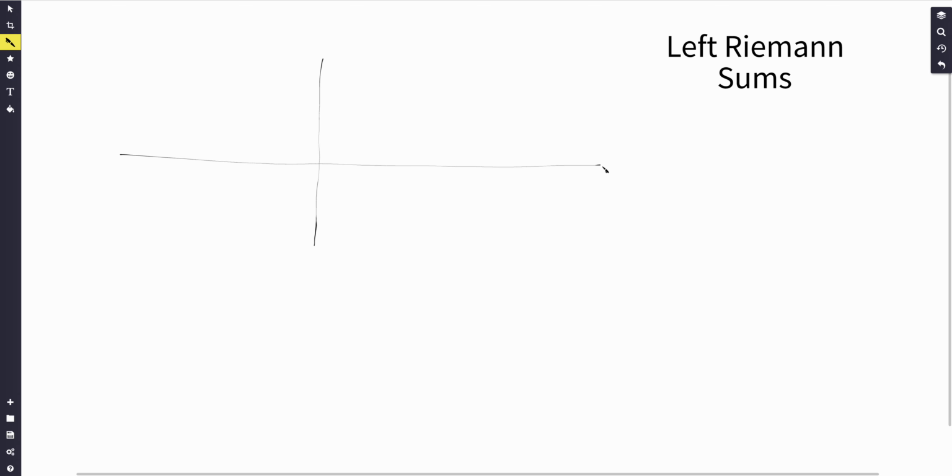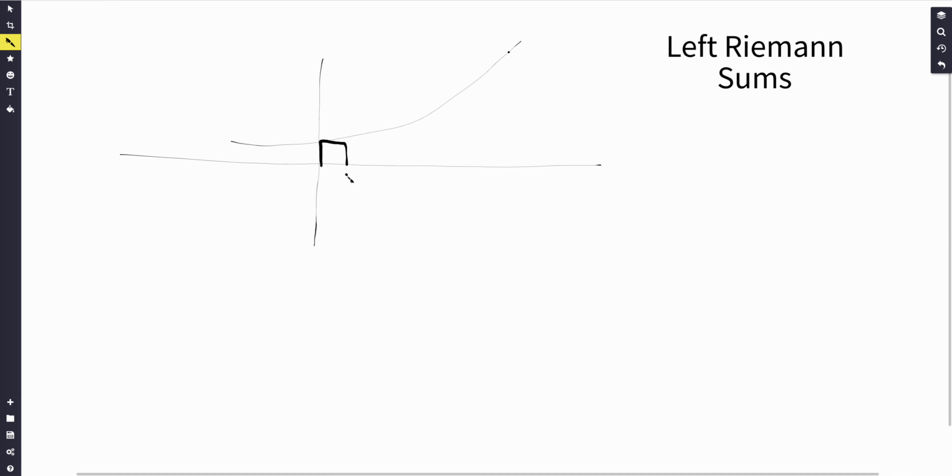Okay, I'm going to use the same type of graph just so we stay consistent for this part. Our left Riemann sum basically uses our left endpoints instead. And as you will see, it will be an under approximation as opposed to the over approximation we had with our right Riemann sum.